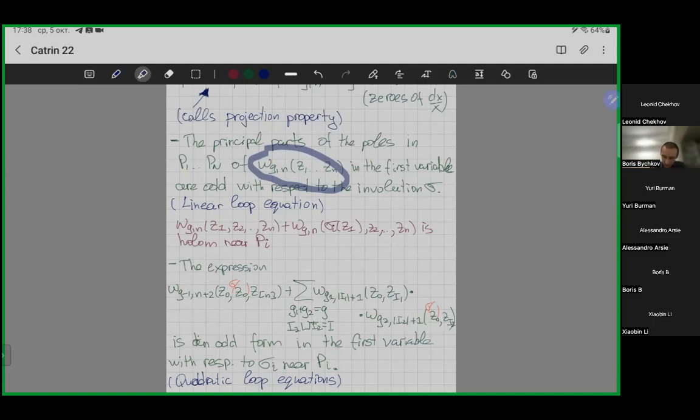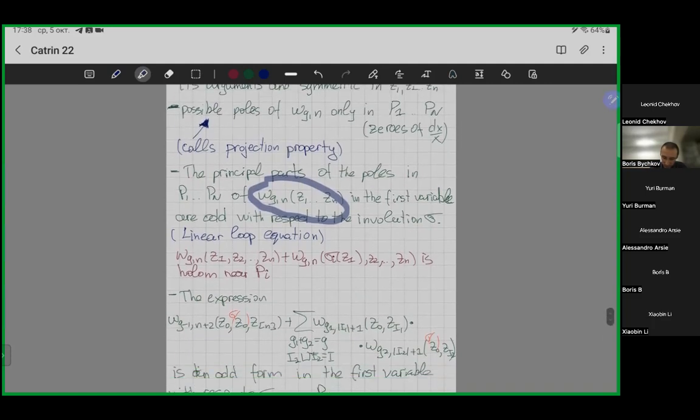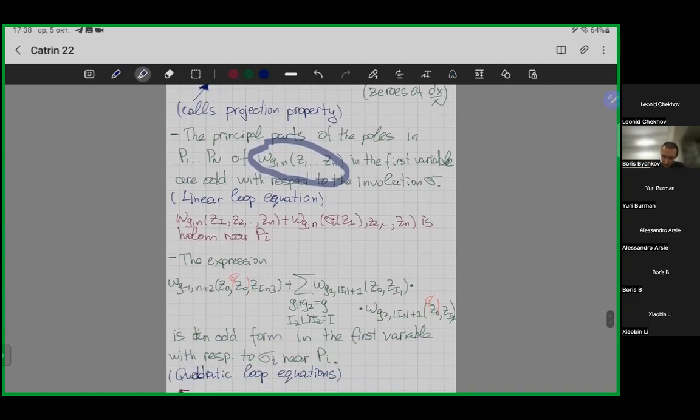So how do we reformulate topological recursion, and why is this true? Why are these conditions equivalent to the topological recursion? It's not too hard to understand.